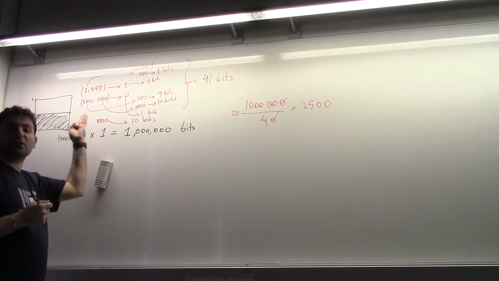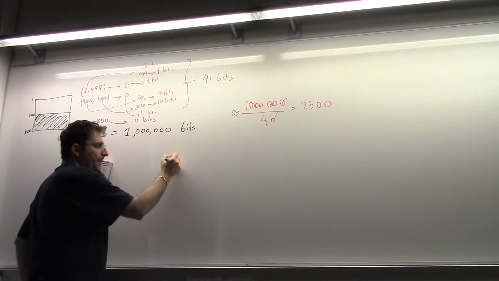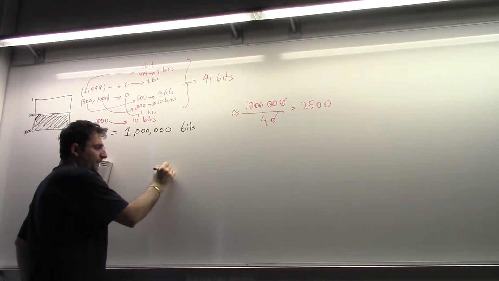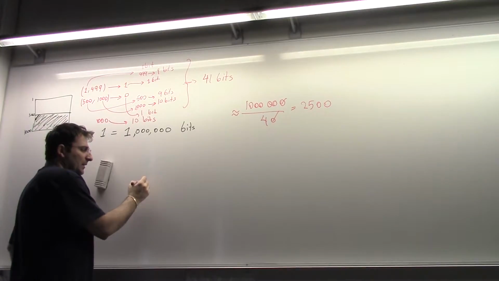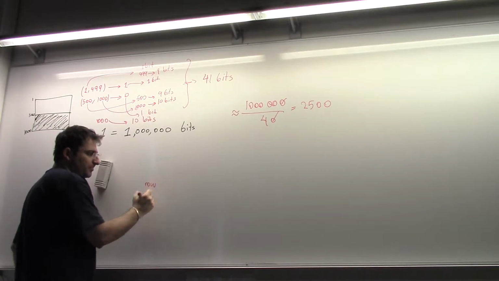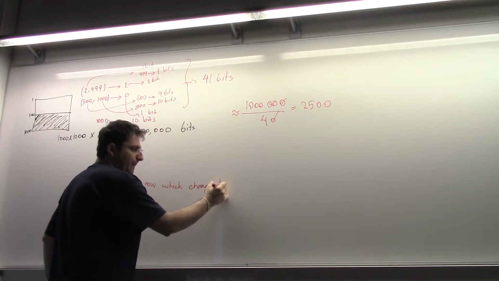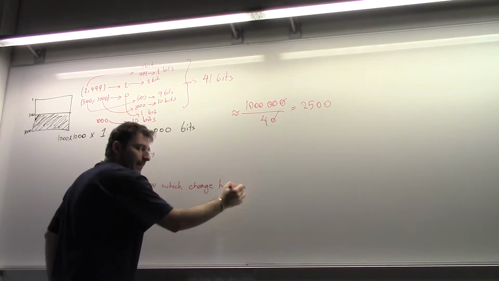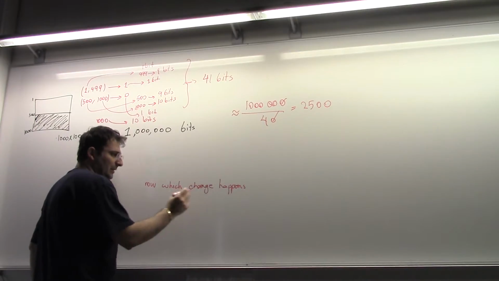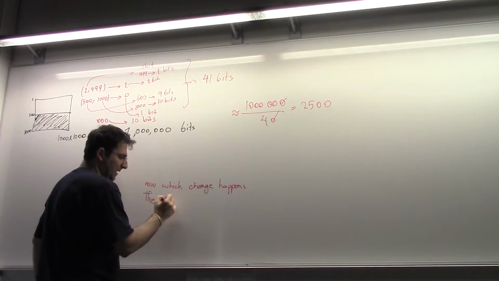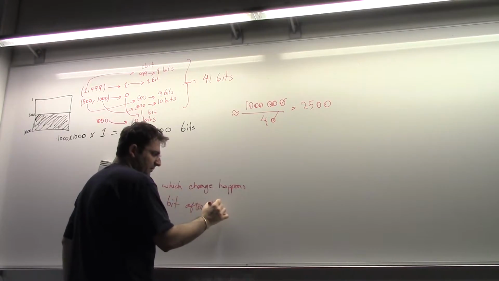I think in order to reconstruct it, I need to know the number of rows, the number of columns, and the row at which the change happens, and by change I can also say the bit after the change.